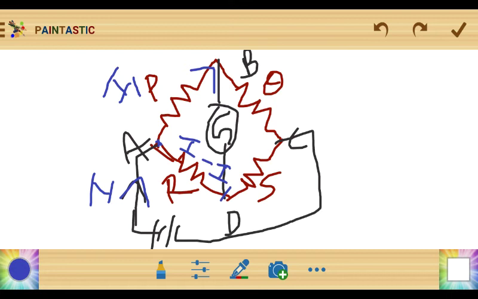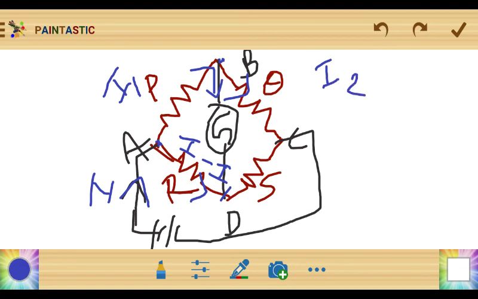Okay, the current is like that. Now if we look at only the I1 current, then when it reaches junction B, it has again two paths, along G and along Q. So along B, let's say I2 current flows.